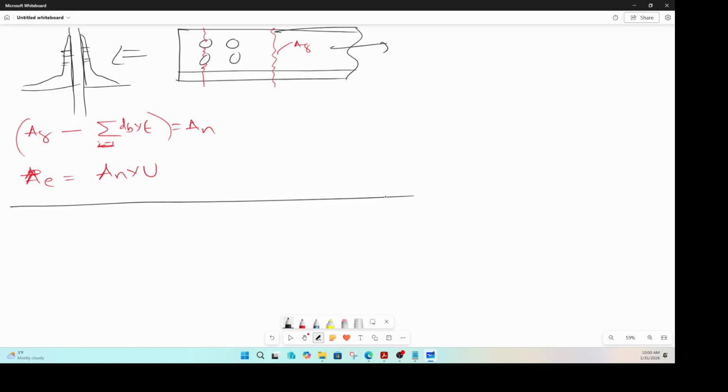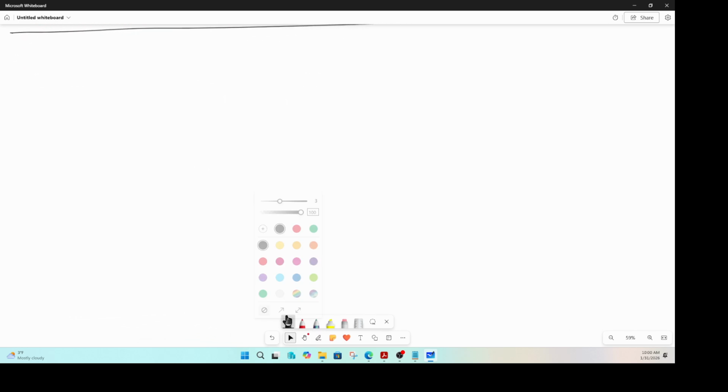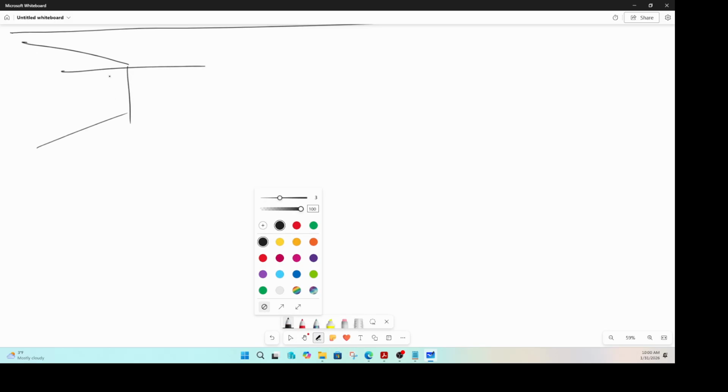Okay, so I want to skip this problem because we can do a problem instead of this straightforward one. We can do a problem on how we can use the U factor. So let's say the same problem, there's an angle here, and instead of that angle getting bolted, now we have the angle welded at this location, welded like that.